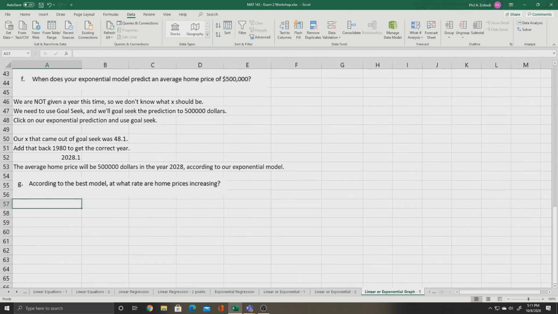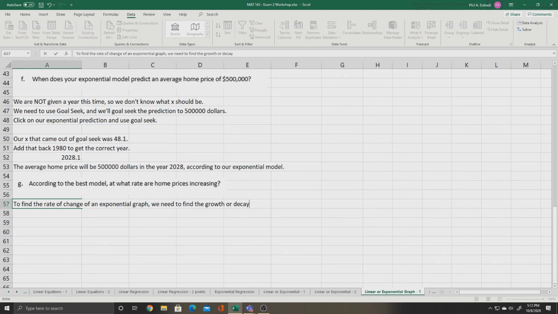So to find the rate of change of an exponential graph, we need to find the growth or decay rate. We are going to use exp of the number next to x and then subtract 1 outside of the parentheses.